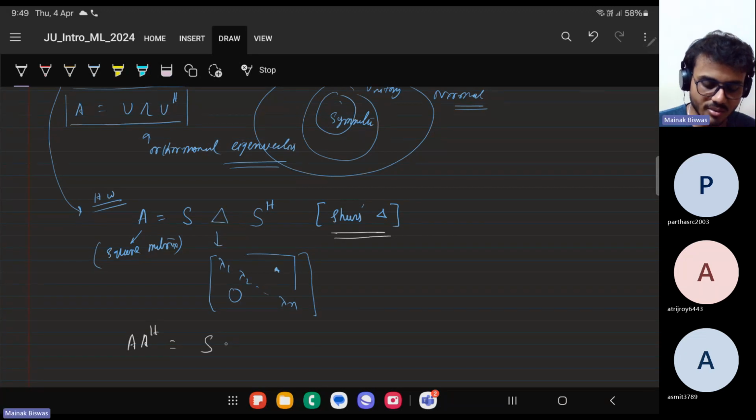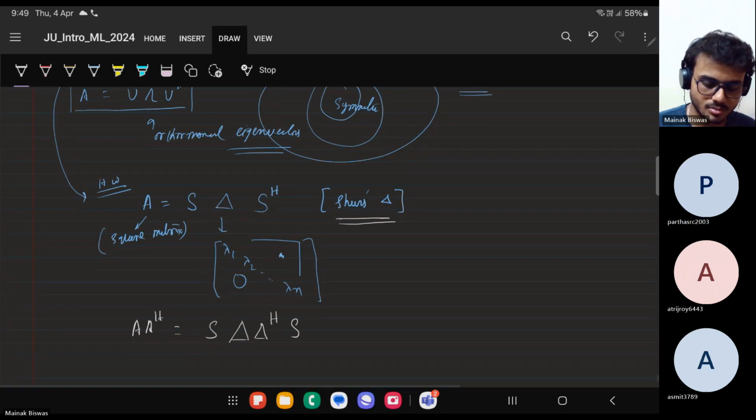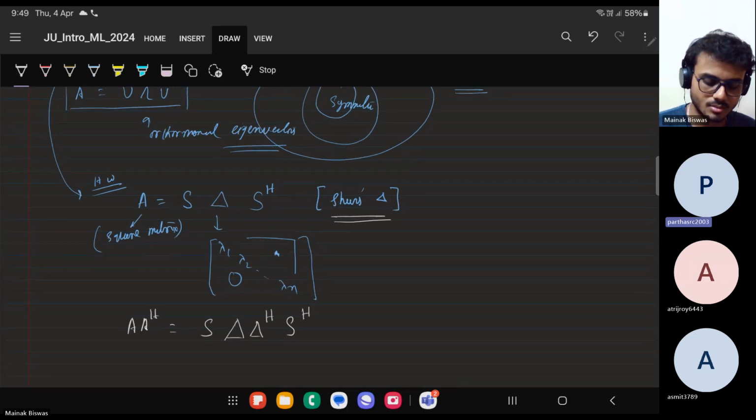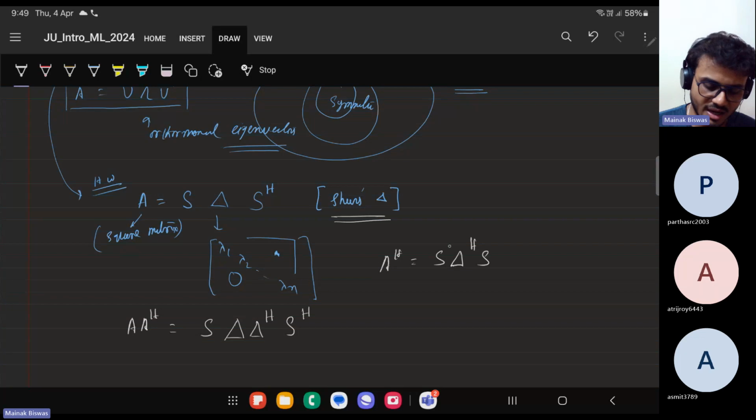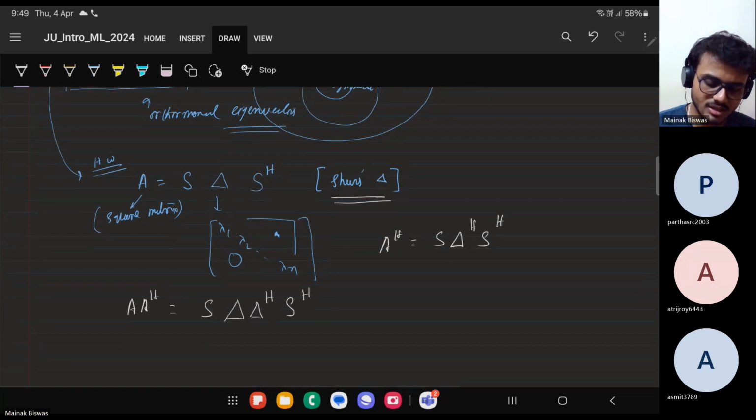So what will A Hermitian be? S delta S Hermitian, Hermitian. Take a notebook in your hand and just calculate. If you're not following, this is the reason you're not following, because you're not calculating, because this is simple, just taking Hermitians and products of matrices.